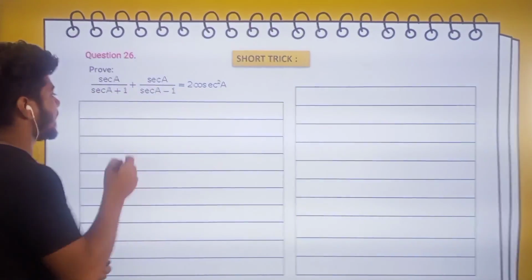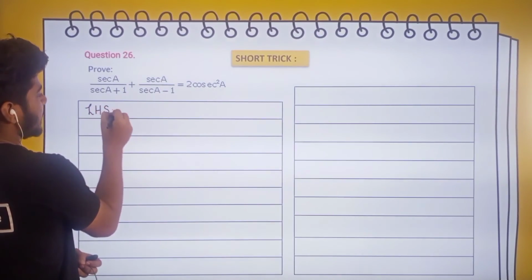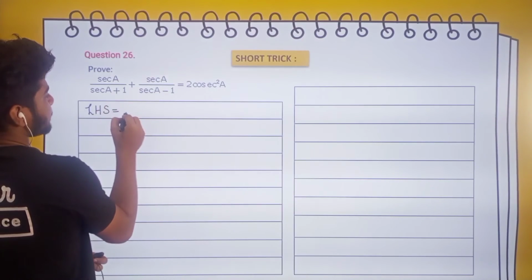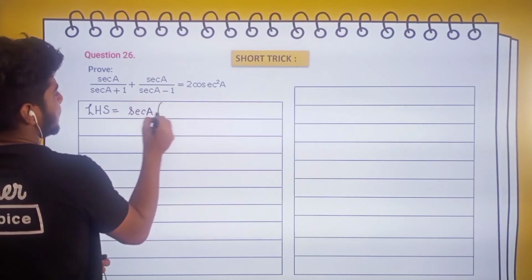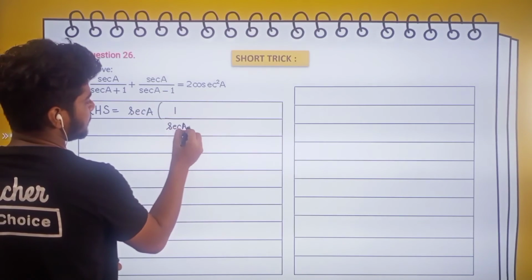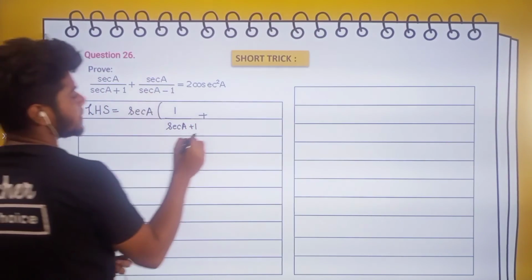Okay, let's start with LHS first. See, we are on the last sum for today's lecture. If I take sec a common, what you will get? After taking sec a common, 1 upon sec a plus 1, plus as it is 1 upon sec a minus 1.